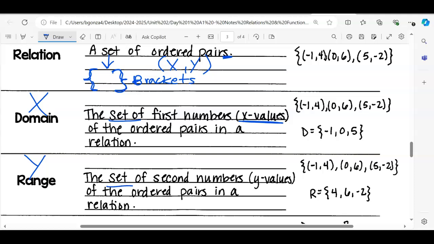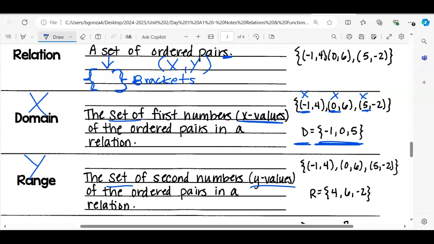The set of y values in the ordered pairs of a relation. Now look off to the right here. We have the same 3 points as the relation. See these 3 points? Same 3 points. But the domain is these 3 x values. This is an x, this is an x, this is an x. Negative 1, 0, 5. Negative 1, 0, 5 is my domain.